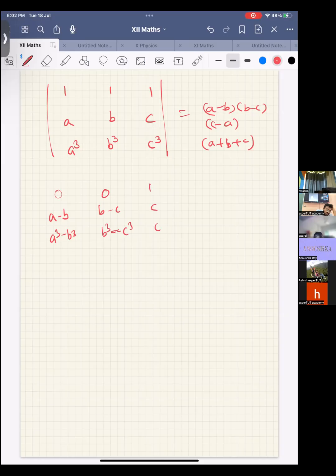And 1, C, C cube. Then from the first column, what will we take out? A minus B common, right? Yes, there is a formula. The formula of A cube minus B cube is A minus B times A square plus AB plus B square. Write this formula.